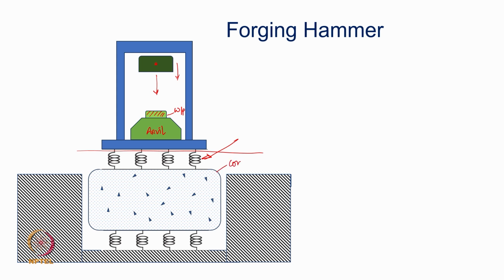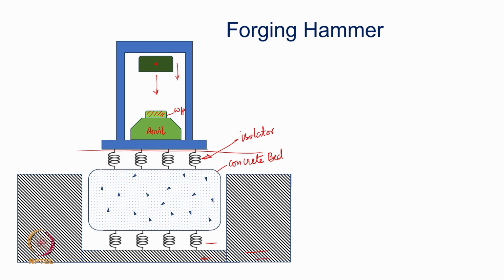So, this is a concrete bed on which the hammer is mounted, and it is isolated through this pad of isolators. They are represented as springs, but they could be made of polymeric material and so on. So, a pad will isolate it, and then the concrete bed itself is isolated from the ground. So, this is basically your ground.